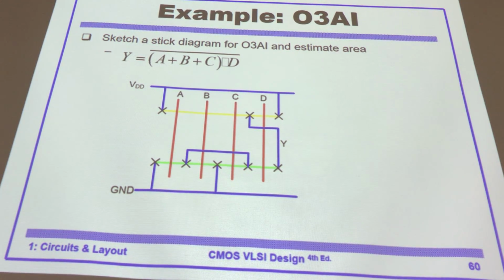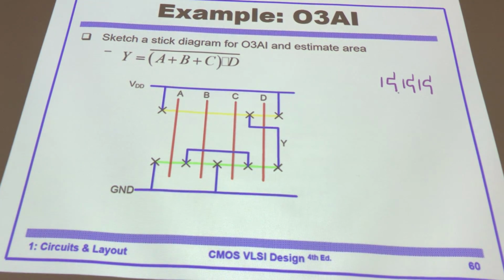First of all, maybe PMOS is easier here. Let's try to design the circuit in symbolic form. A, B, C all together, so 3 in parallel, right? And then with D in series.